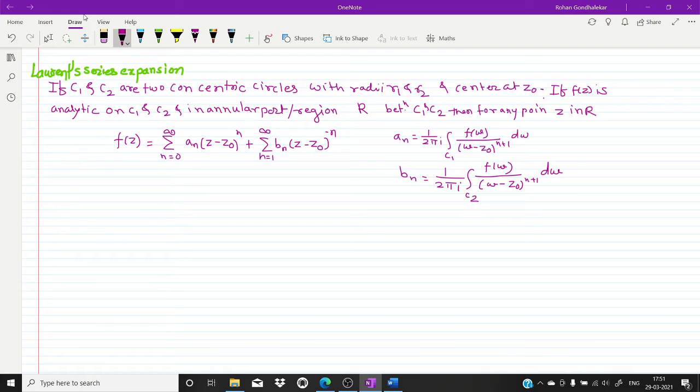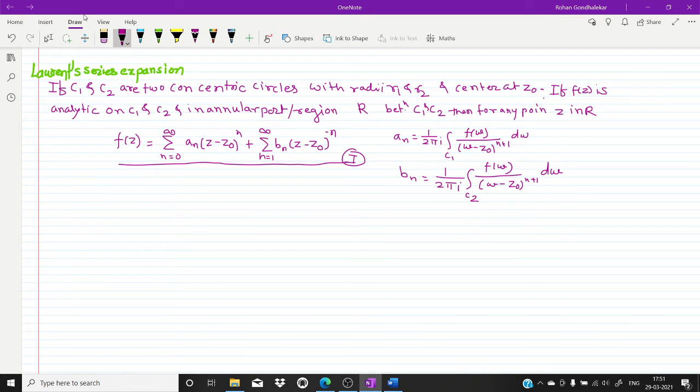I call this entire expansion number 1. So 1 is called the Laurent series expansion of the function.